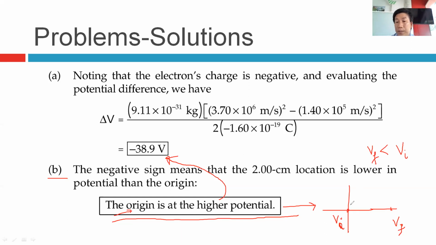The electric field must go from high to low potential, right? So in this case you have E here, and V here. Okay, question? No question. Thank you.